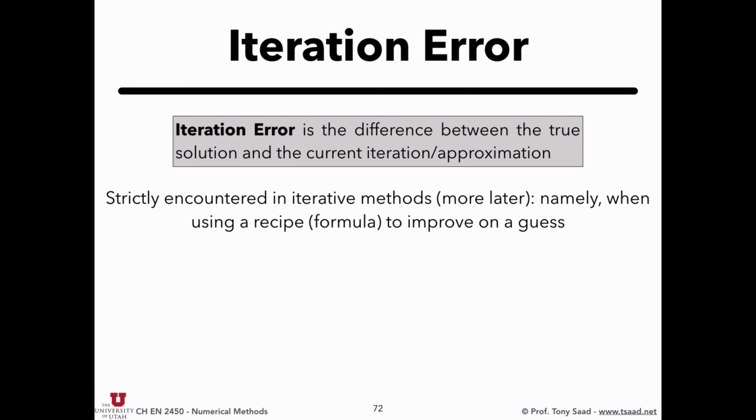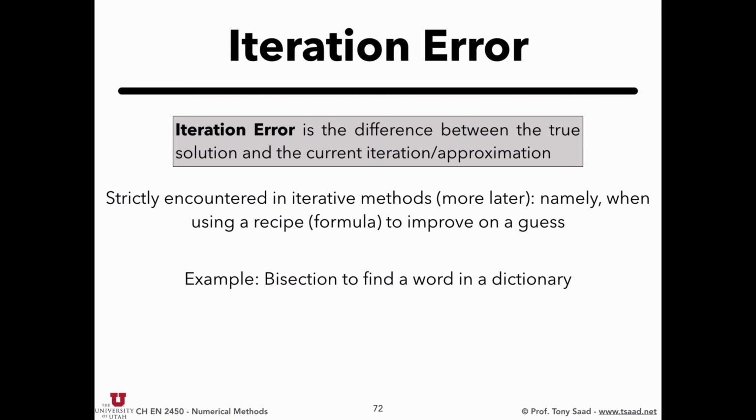Now, depending on your initial guess and where you are and the formula that you are using, every time you reuse that formula, there is an error between the true solution and the value returned by that iteration. Eventually, yes, you will converge to a solution, but the error committed in taking an iteration, that error between the iteration and the exact solution, that's called iteration error.